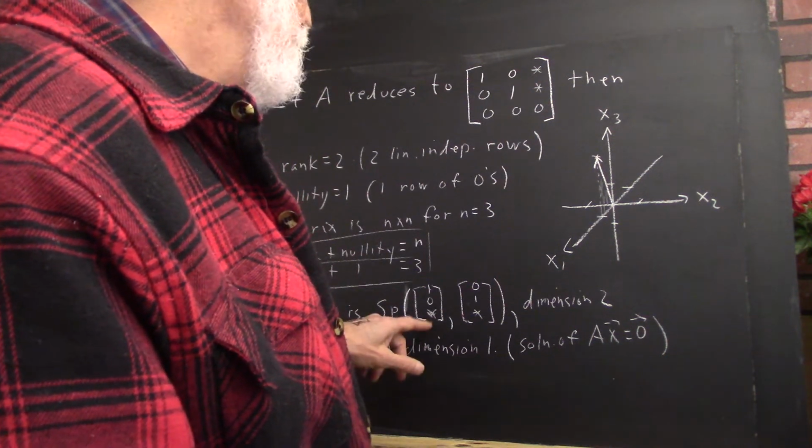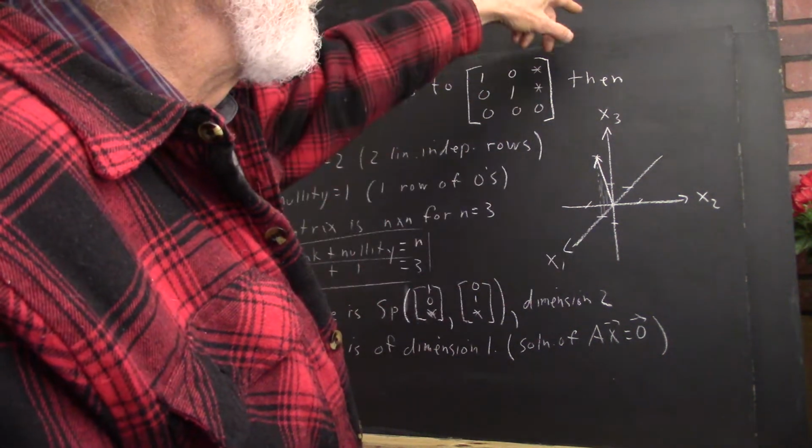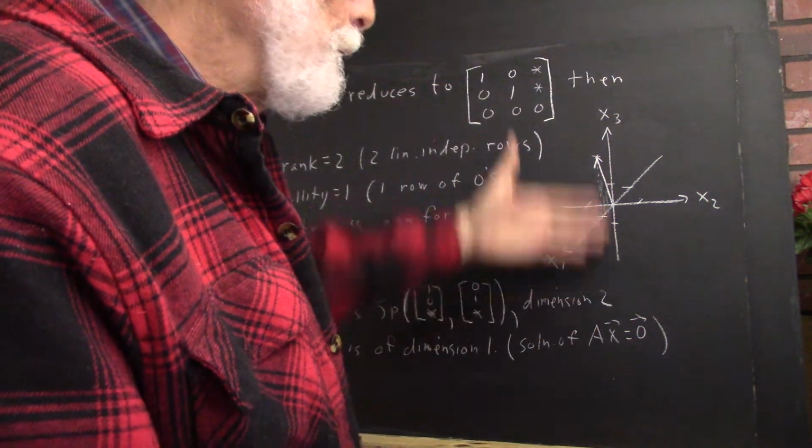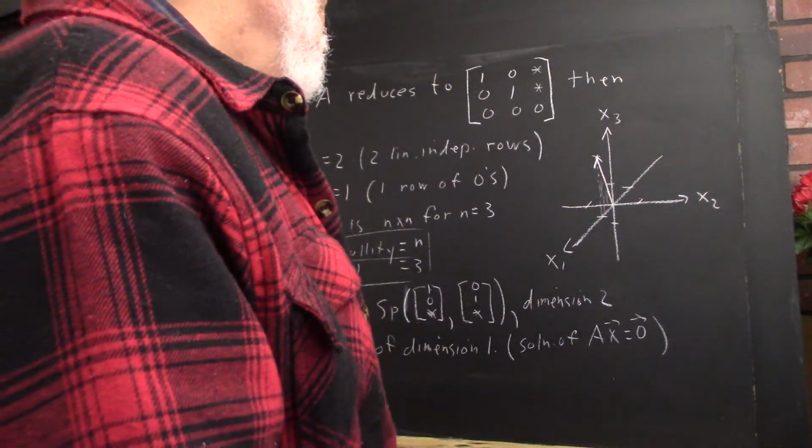Now actually, we don't know what star is. It could be anywhere above here or below here, but it's somewhere in the x1, x3 plane.